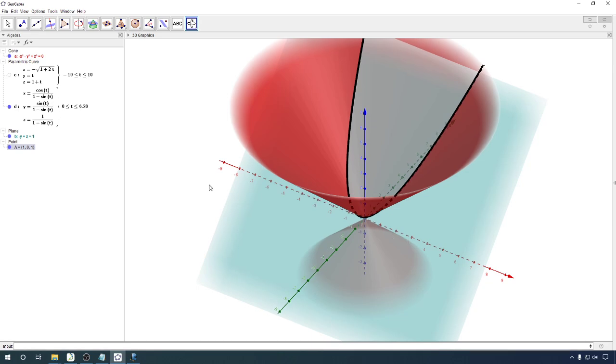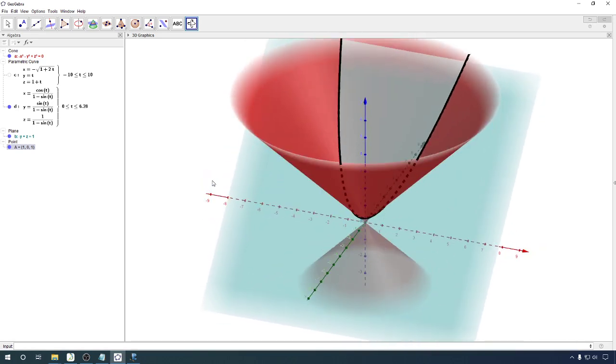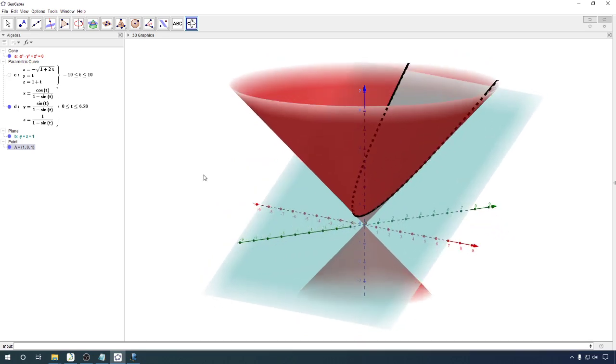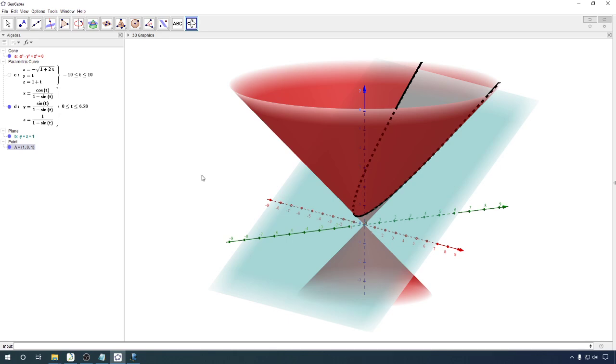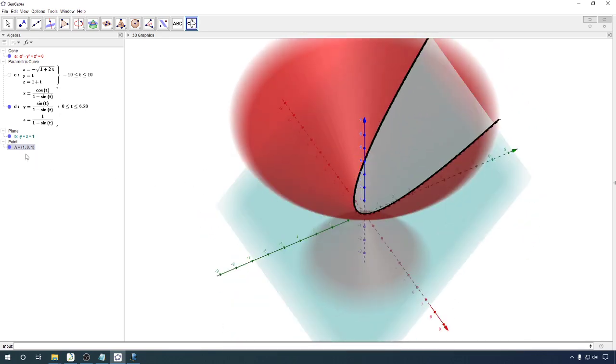Where is that point? Where did that plot that point? I'm not seeing it.